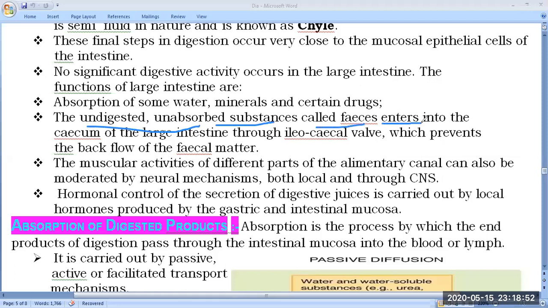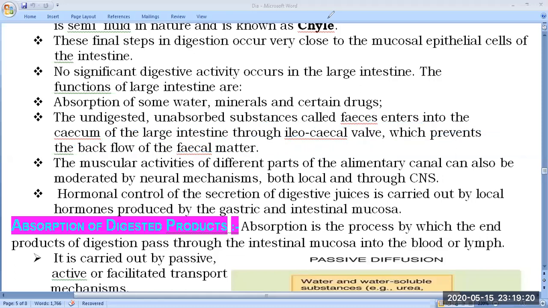These feces enter the cecum, the first part of the large intestine, through the ileocecal valve. What is the function of this valve? It prevents the backflow of fecal matter, so passage is in only one direction and it will not reverse back.